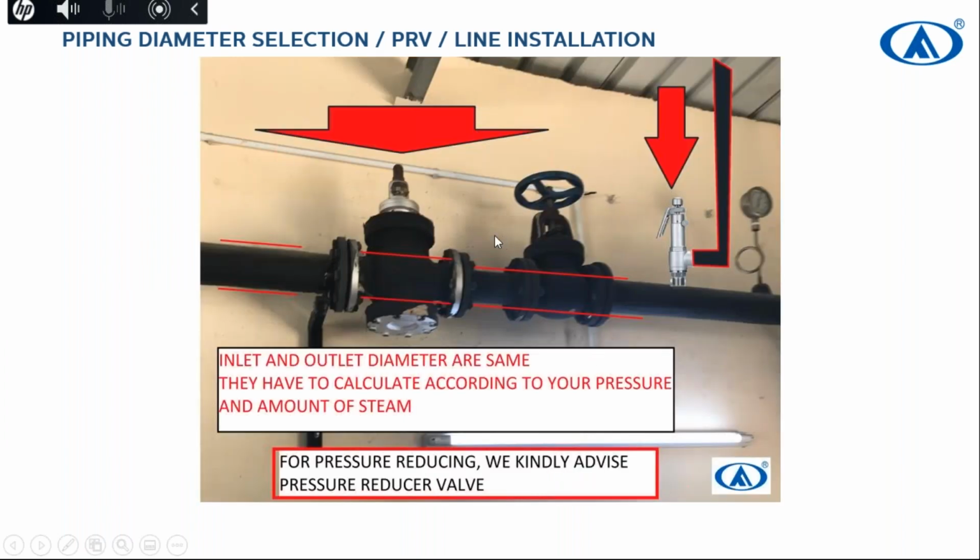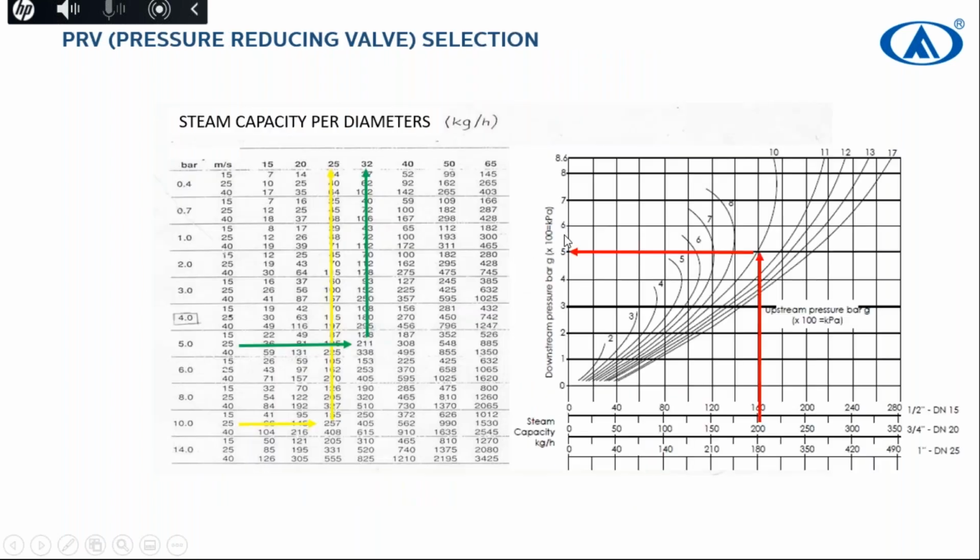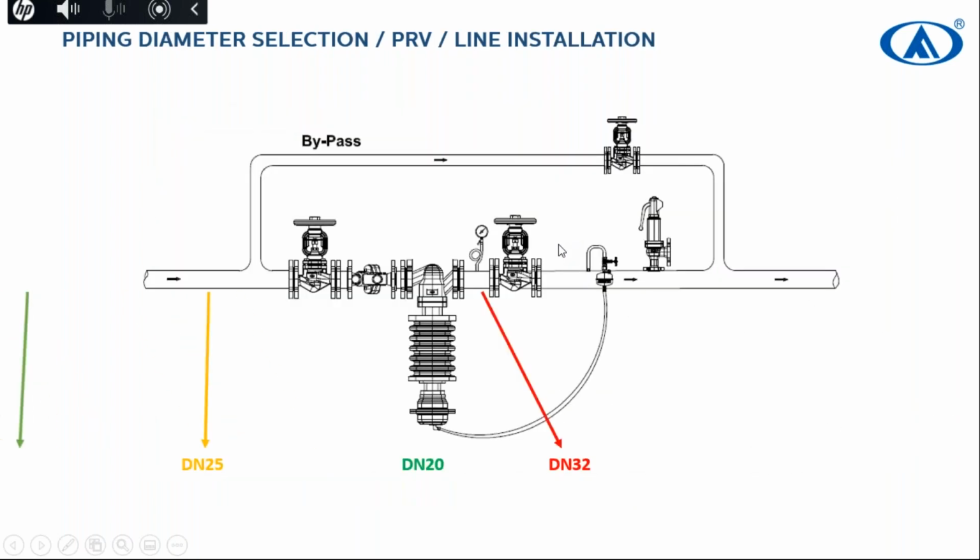This is one wrong application, as you see. Pilot operated PRV with the same size of inlet, same size of outlet, and same size of PRV. Maybe two sizes lower PRV will be enough, and it will make it less expensive. It will be cheaper. So this calculation is so important.